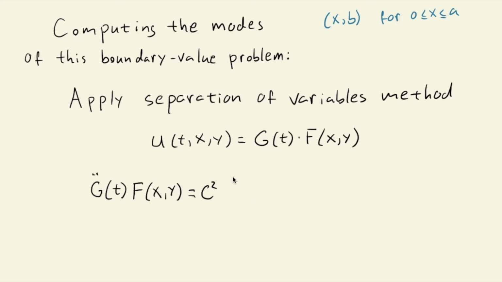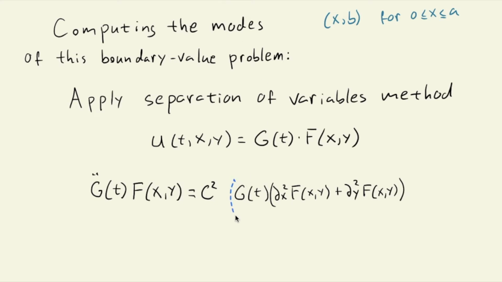So this is going to look like g of t times the second derivative in x of f(x, y) plus a second derivative in y of f. I don't need this parenthesis here actually.